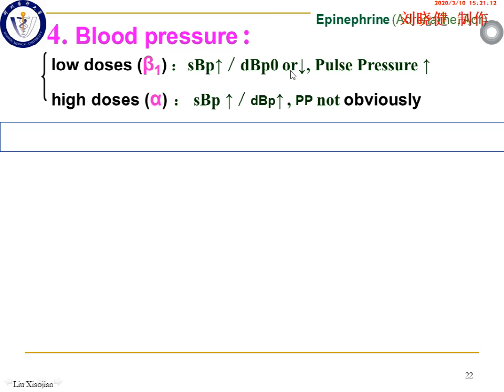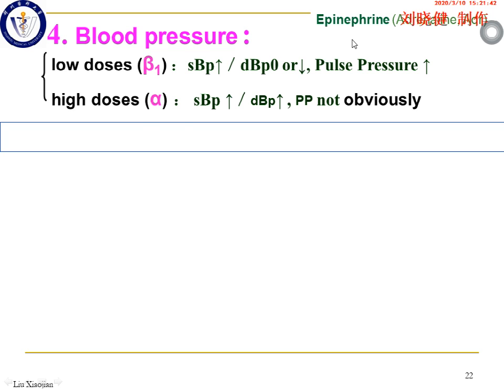Also, there are complex effects with beta-2 receptor in the blood vessels. So usually, the general effect on blood vessels is not obvious. Maybe no change of diastolic blood pressure. So the pulse pressure increases.